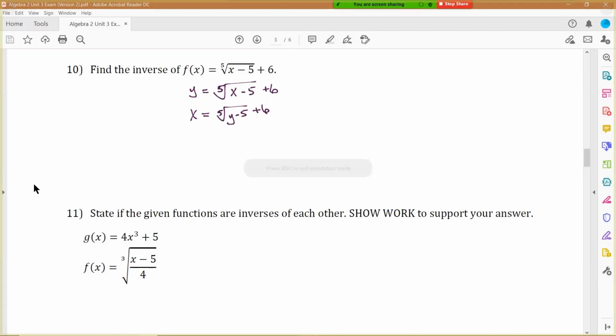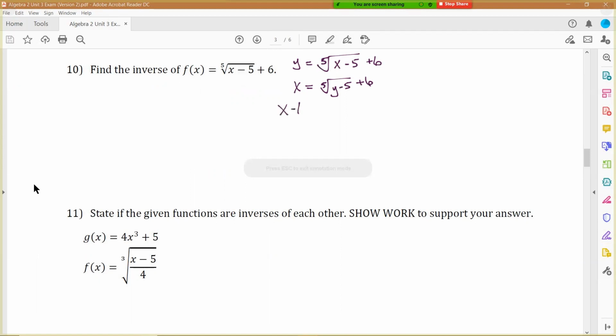Let's see. Then we want to take this entire thing, and I'm moving it off to the side so I have a little bit more room. We're going to solve for Y. First thing we want to do is subtract the 6 from both sides to give us this. How do I get rid of that fifth root?